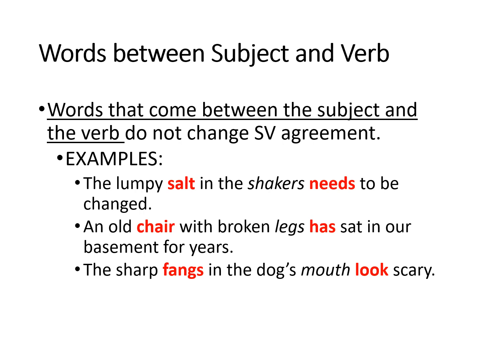In the first sentence, the subject that should agree with the verb is the noun salt. The subject in the first sentence is not the plural word shakers. The phrase in the shakers is a phrase that is in between the subject salt and the verb needs.